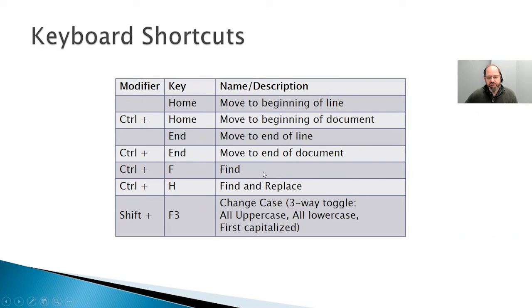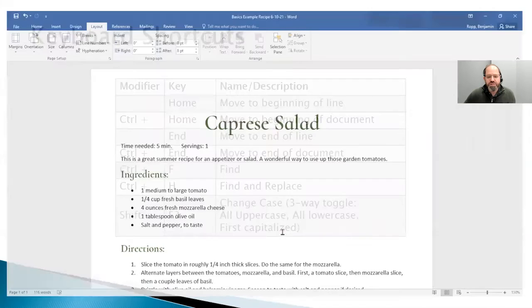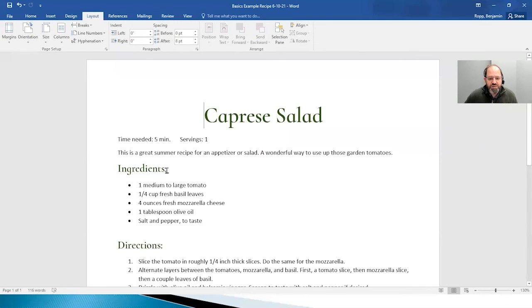Control F lets you find something, which is useful also on websites. Really useful. Control H includes the replace option. And then the Shift F3 is a three-way toggle button, which can change things to uppercase, all lowercase, or just the first letter capitalized. And I'm going to jump over to my document to demonstrate that.